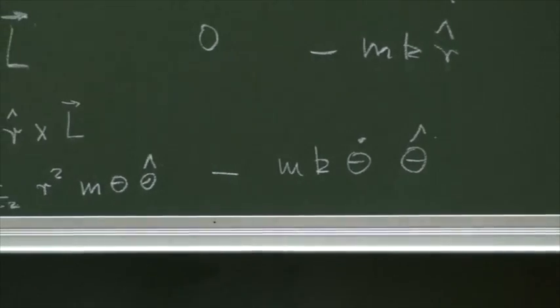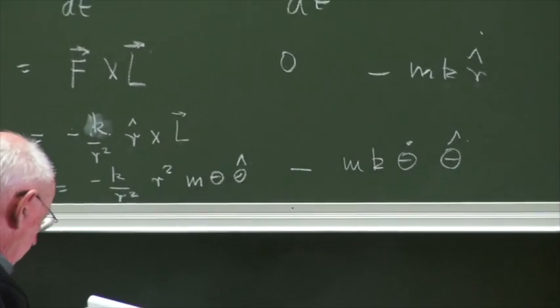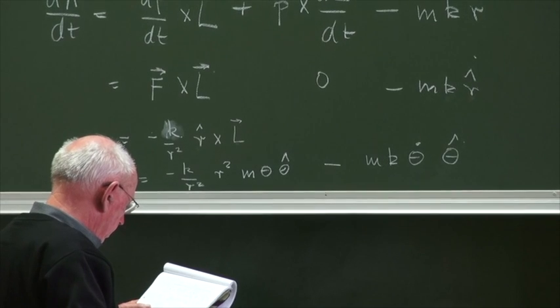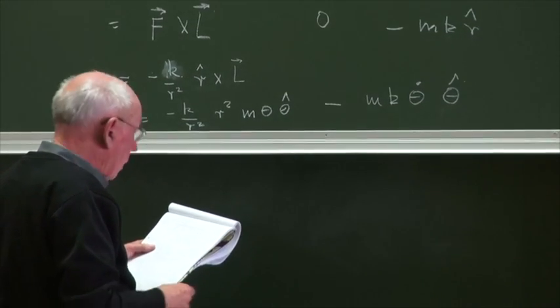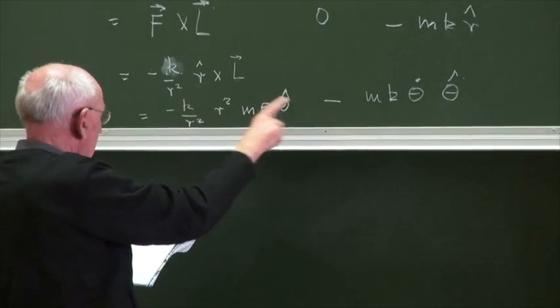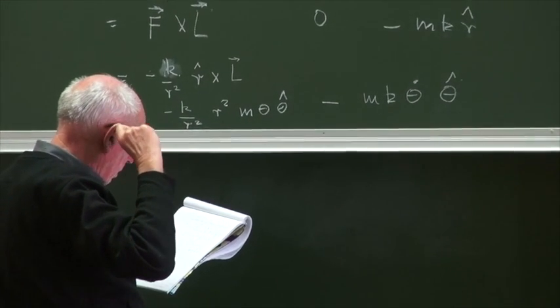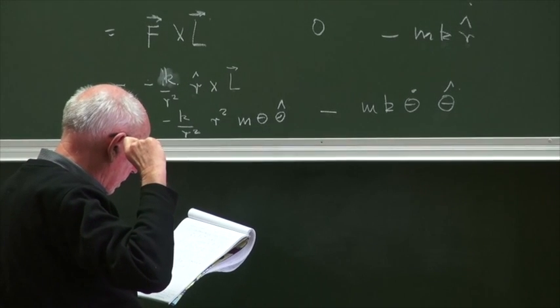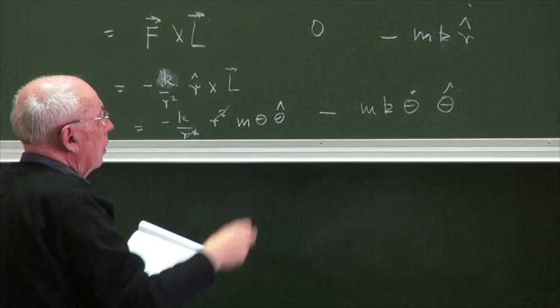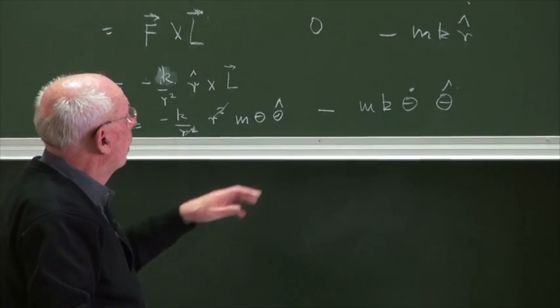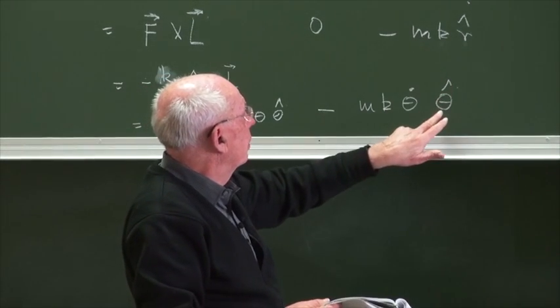Somehow I made a mistake with the angle, with the sign. I'll try to fix it, but these two signs cancel. This cancels with that. And maybe this is minus theta.